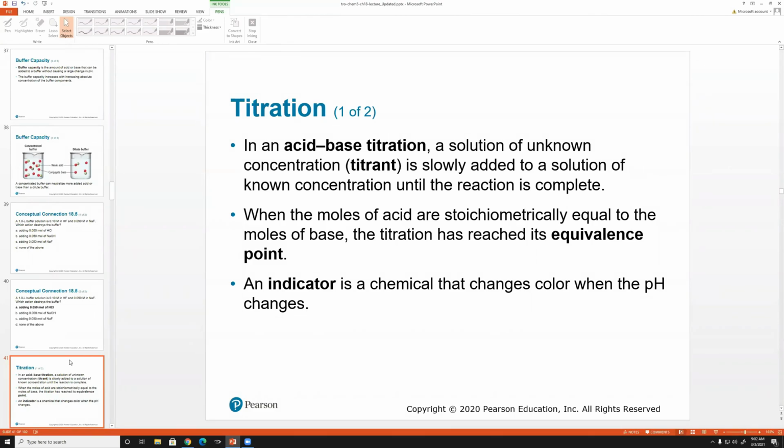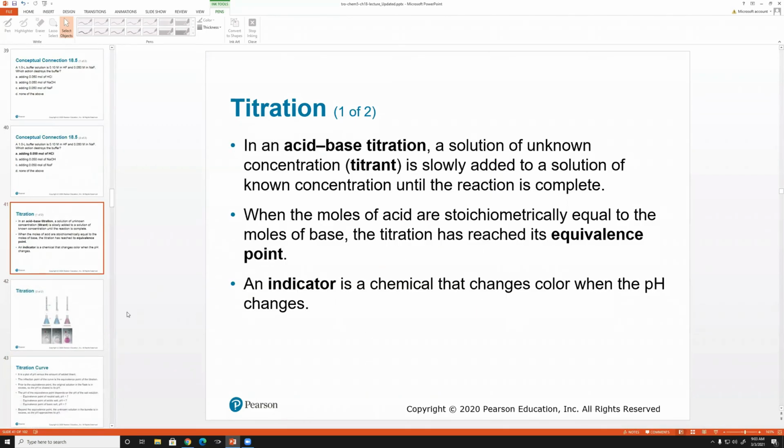In acid-base titration, we add an indicator solution, which is a chemical that changes color when the pH changes. And if you add enough base to an unknown acid, eventually the color will change, and that marks the point at which the base neutralizes the acid, otherwise known as the equivalence point.